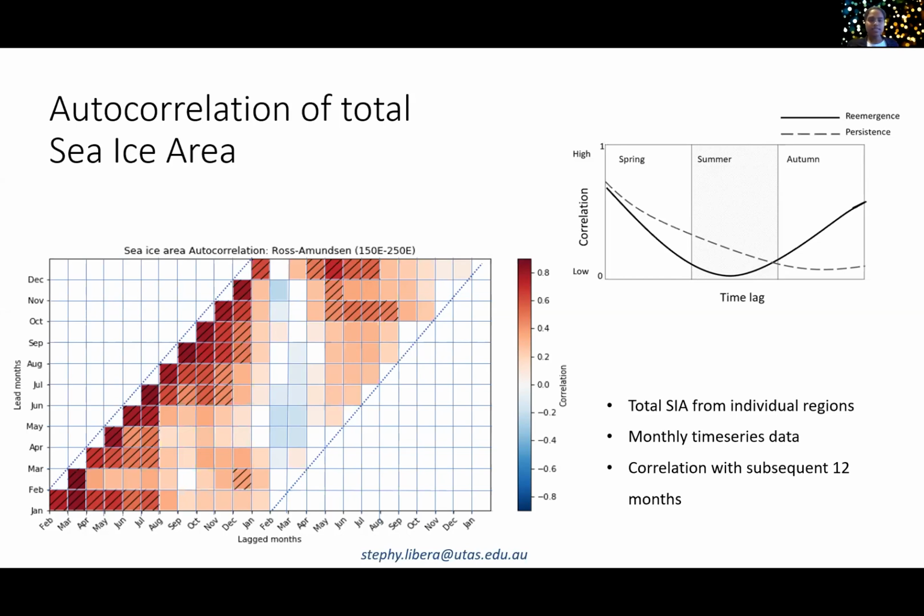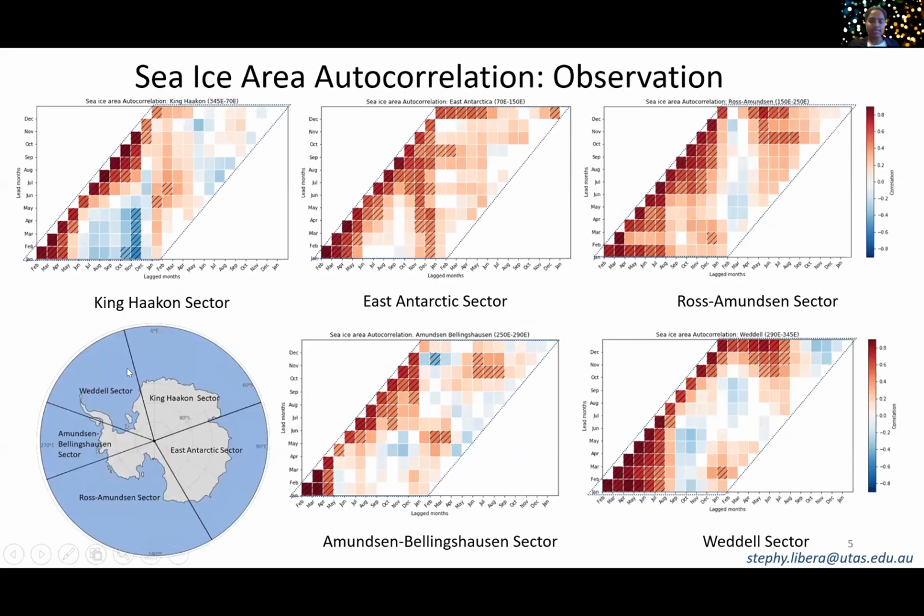We've done this analysis for all the sea ice area around Antarctica, and we've divided it into 5 sectors: the King Haakon sector, East Antarctic sector, Ross Amundsen sector, and Amundsen-Bellingshausen sector. When we look at the results, we see that there's variability between the different sectors.